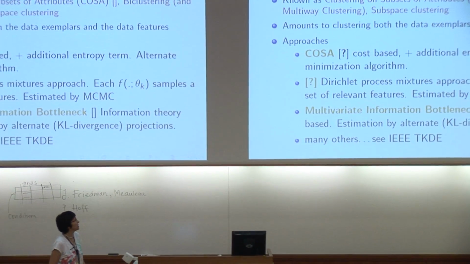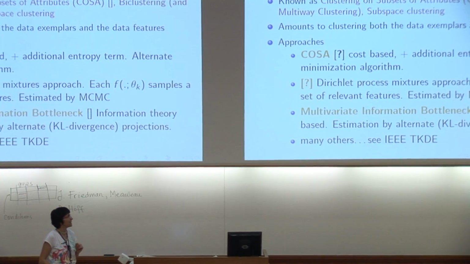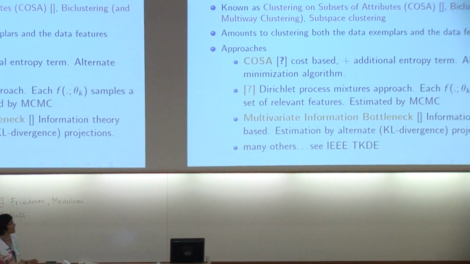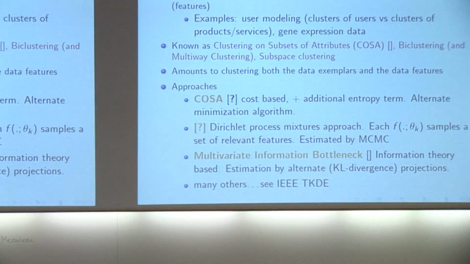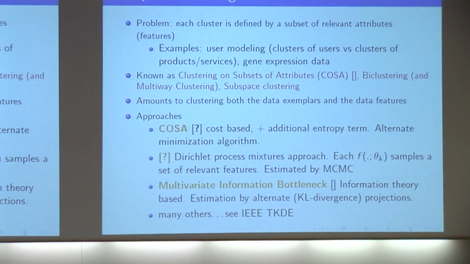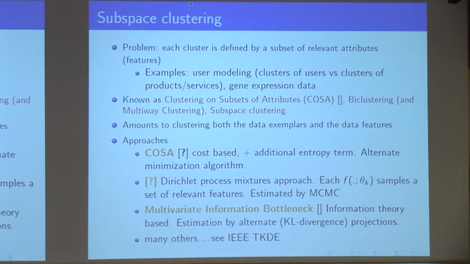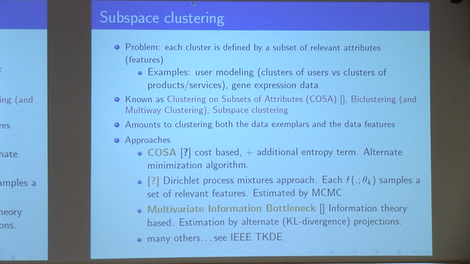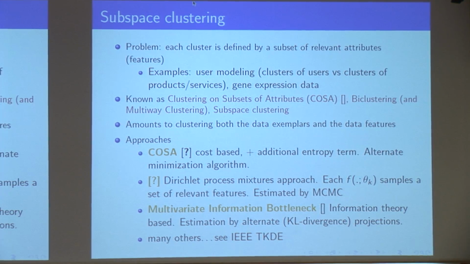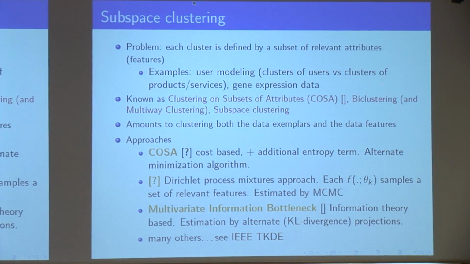The third approach is extremely interesting, and I've been asked about it, but still all I have is this bullet. It's multivariate information bottleneck. So this is an approach that covers much more than clustering. And it is also a fully probabilistic approach.